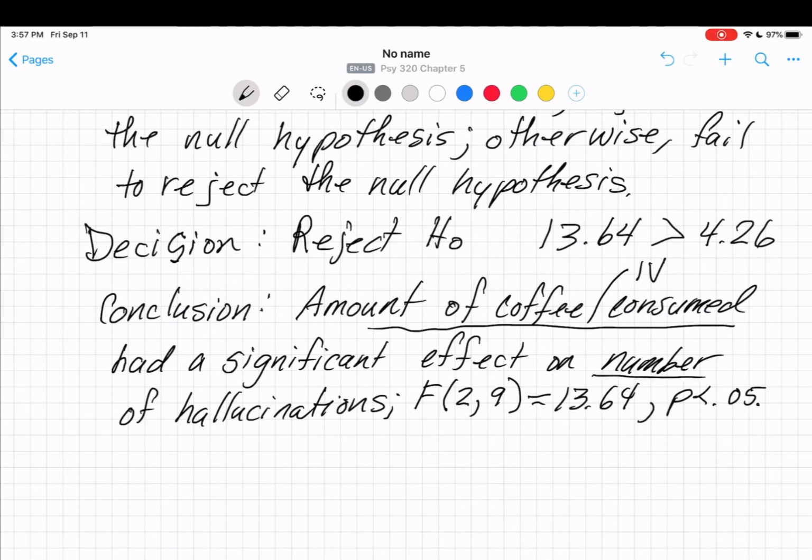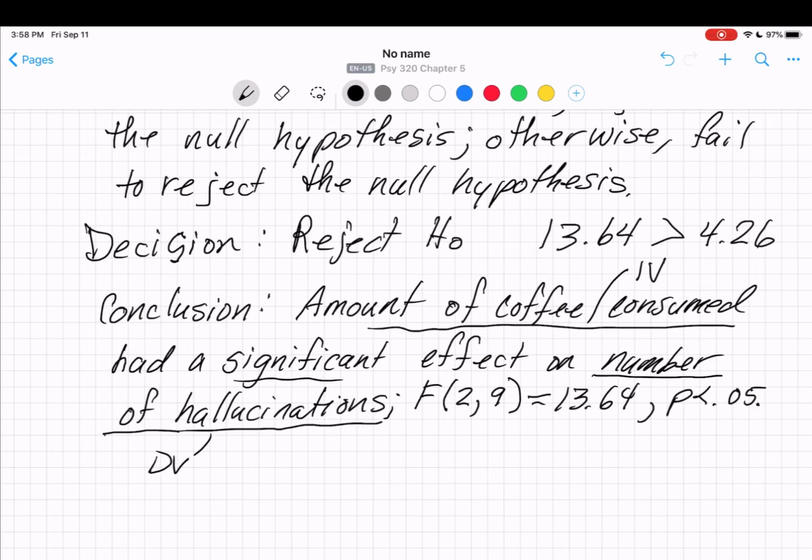Number of hallucinations is our dependent variable. If you reject the null hypothesis, you want to say your independent variable had a significant effect on your dependent variable, but put it in the actual context of what your variables are in that problem.